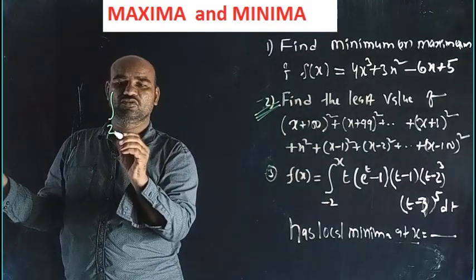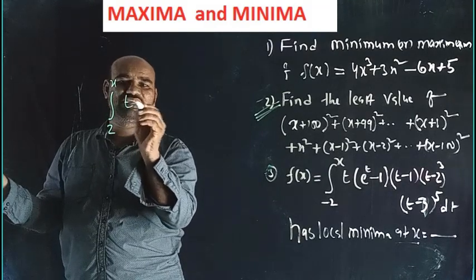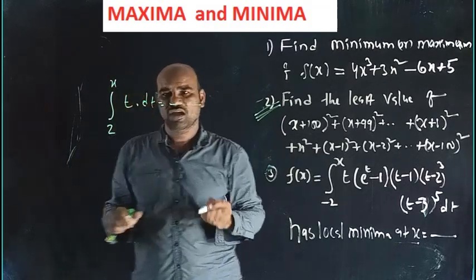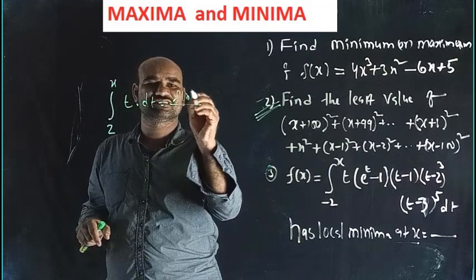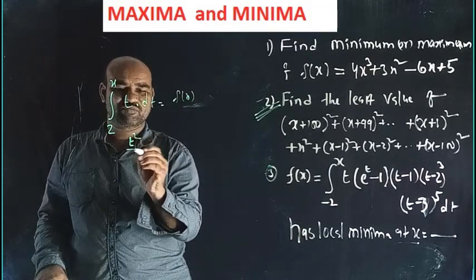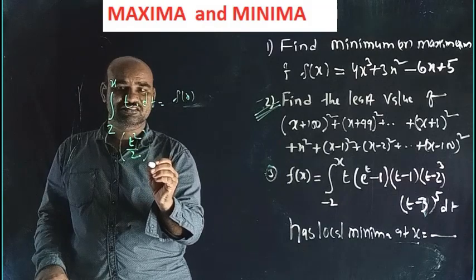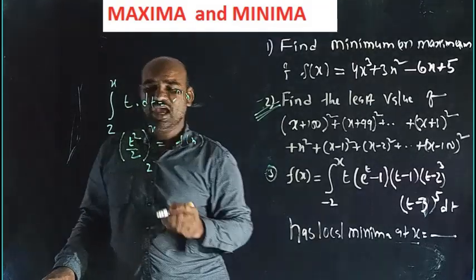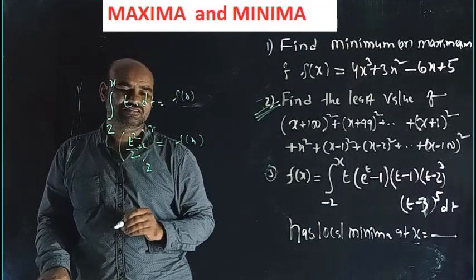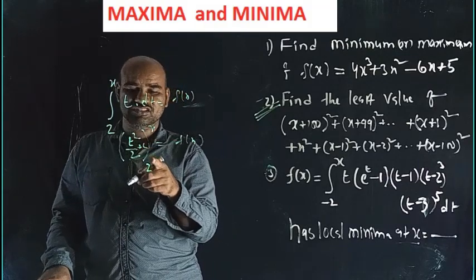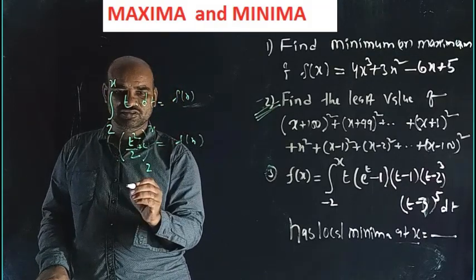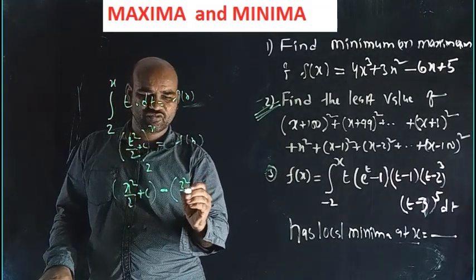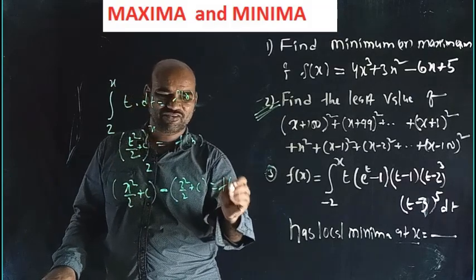Now, the integral from 2 to x of t dt equals some, say, f of x. This is t square by 2 with the boundaries 2 to x equal to f of x. Actually t square by 2 plus some constant, t square by 2 plus constant with the boundaries 2 to x. Now substitute: x square by 2 plus c minus 2 square by 2 plus c is equal to f of x.